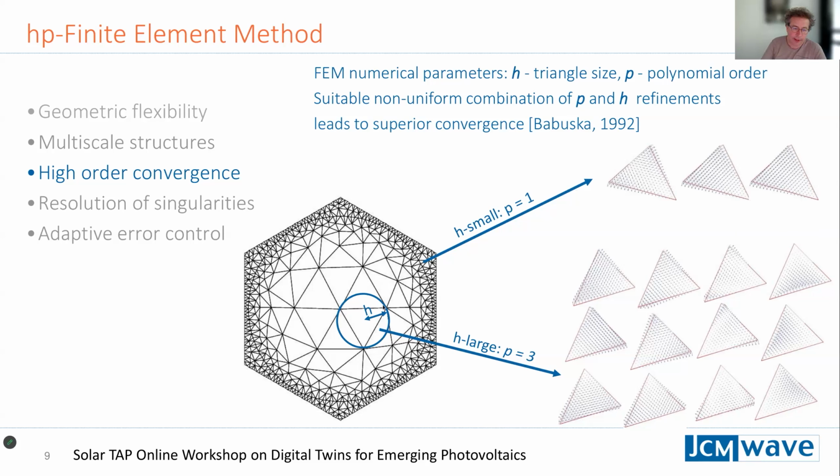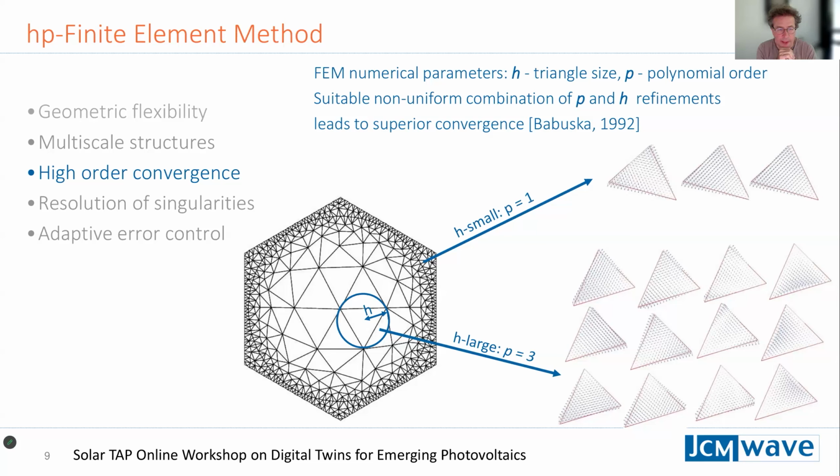So the size of a mesh element, like this triangle in 2 dimensions, the larger the size is, the poorer is the approximation quality. On the other hand, we have also the polynomial order of the finite elements, which are used to approximate the solution on this single mesh element here. And when the polynomial order is higher, the approximation quality is increasing.